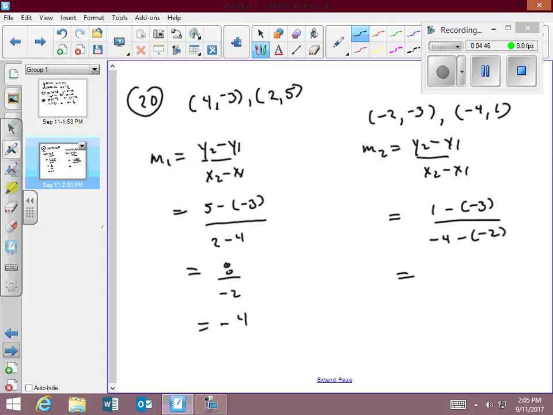The numerator is 1 minus a minus 3, so that's 1 plus 3 is 4. Denominator is a minus 4 minus a minus 2, so that's minus 4 plus 2 is a minus 2, correct? That's a minus 2.